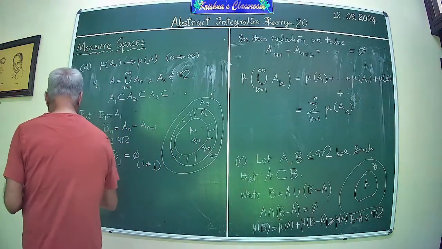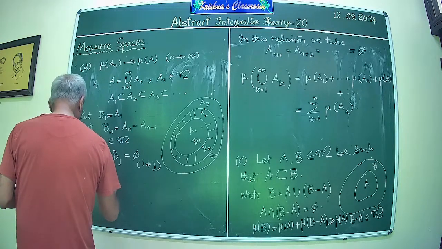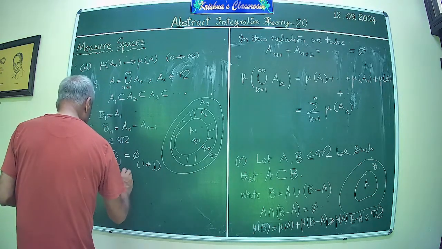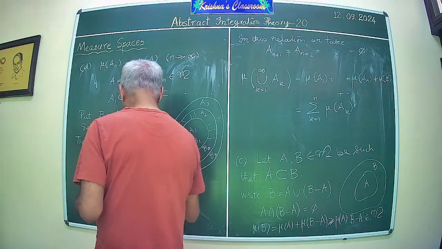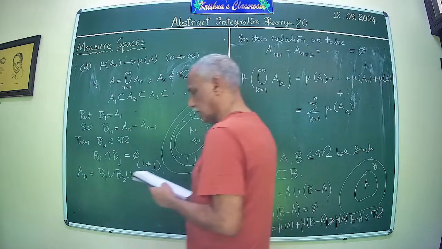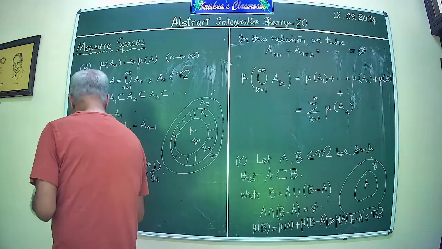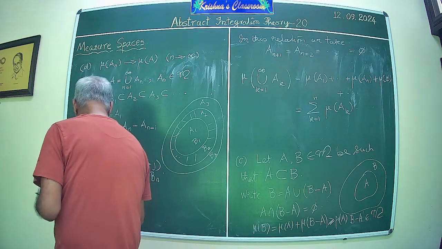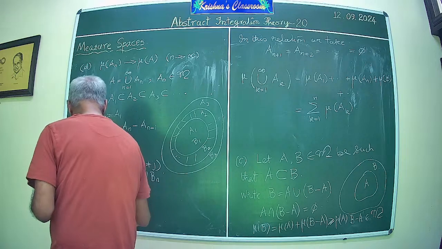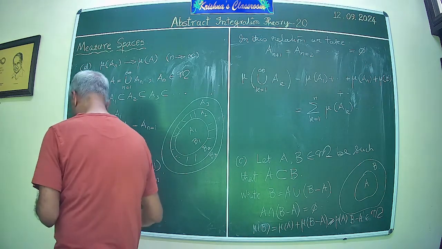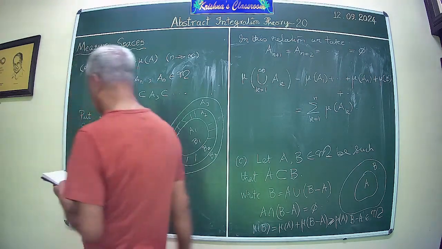So you have An equal to B1 union B2 up to Bn. And A is given by the union of Bn, i equal to 1 to infinity. This is a disjoint union.